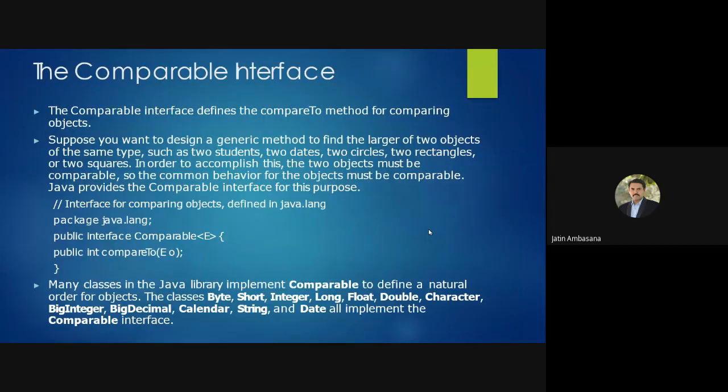Now, what is the Comparable interface? The Comparable interface basically defines a compareTo method that we can implement. Suppose we want to design a generic method to find the larger of two objects of the same type, such as two students, or two dates, or two circle objects, or two rectangles, or two squares.